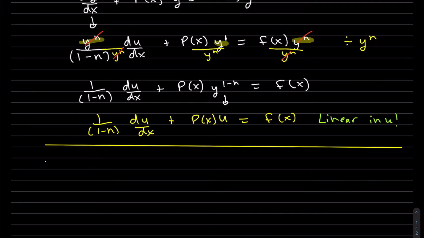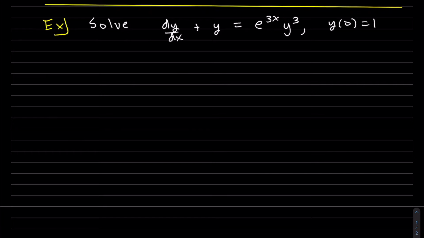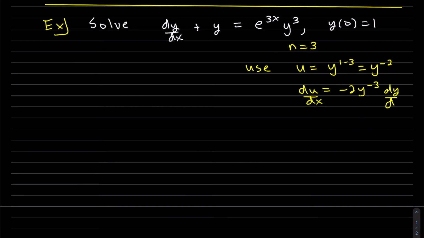Let's try an example. So we have here n equals 3. So we're going to use the substitution u equals y to the 1 minus 3. So du. Now we want to plug in dy/dx, so we have to solve for dy/dx.